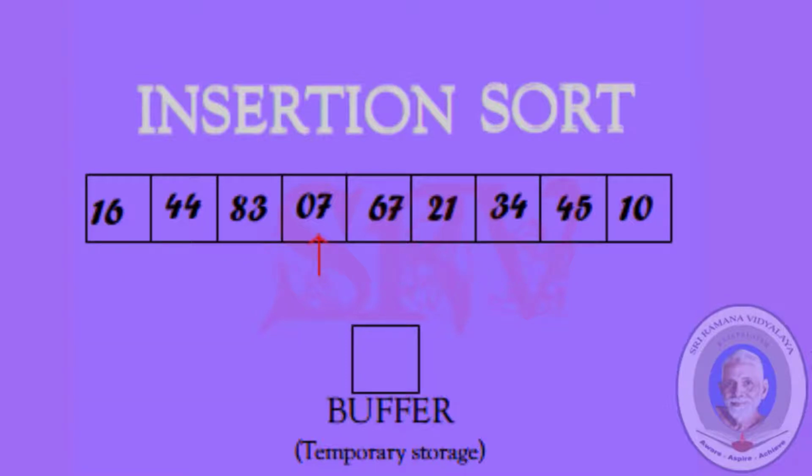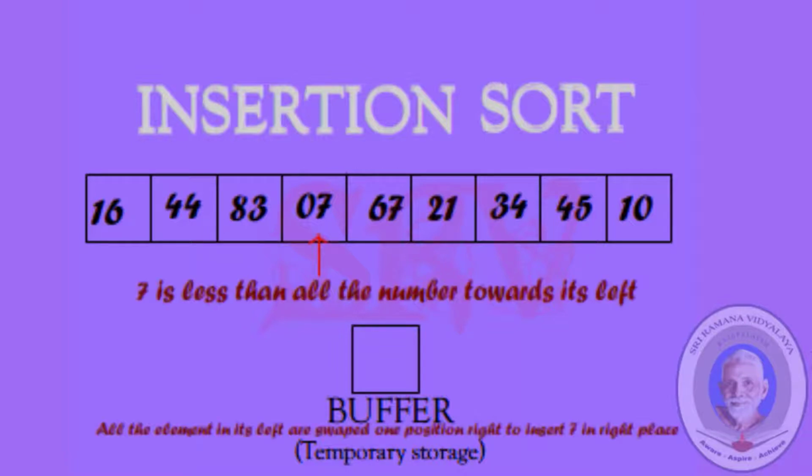Now, 83 is checked with 7. As 7 is less than 83, 7 is moved to the buffer and 83, 44 and 16 are shifted right one by one as you see in the video.